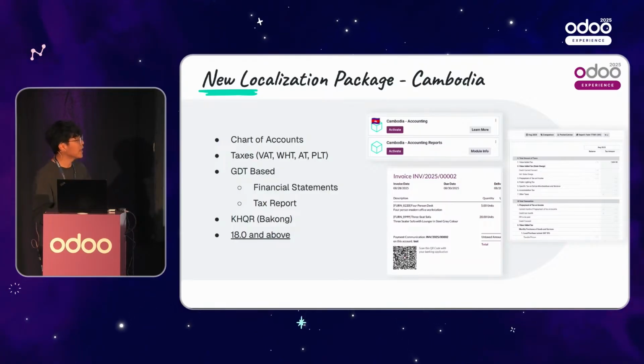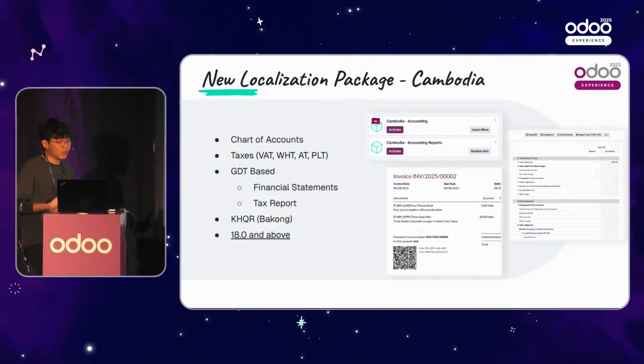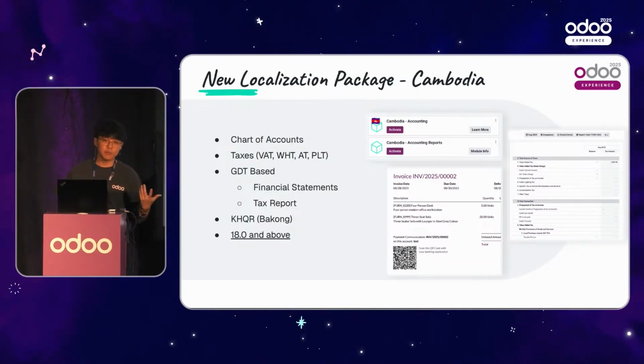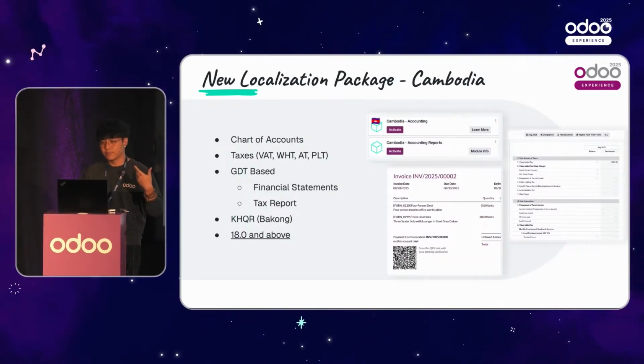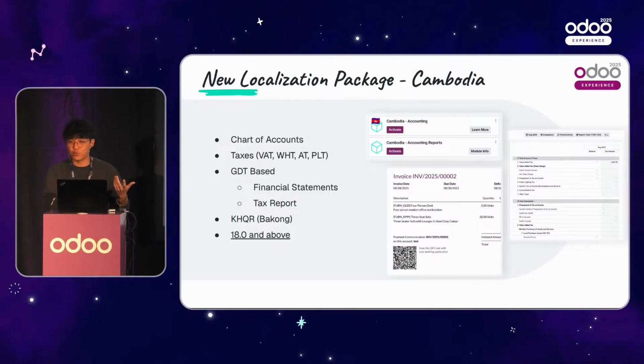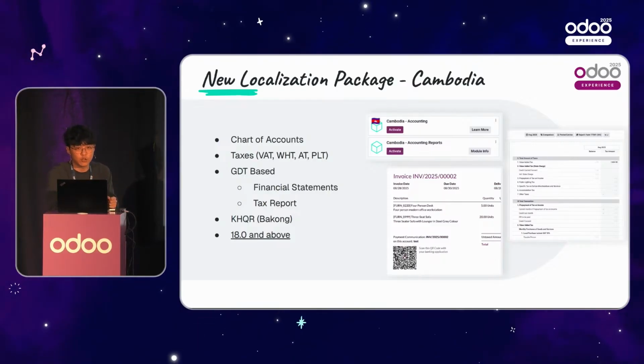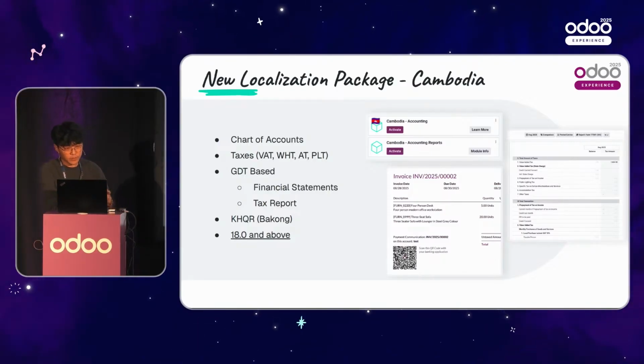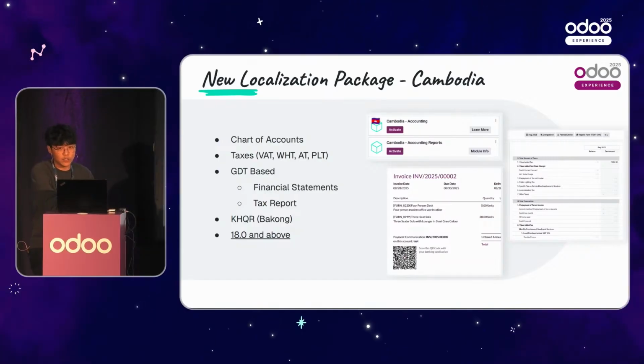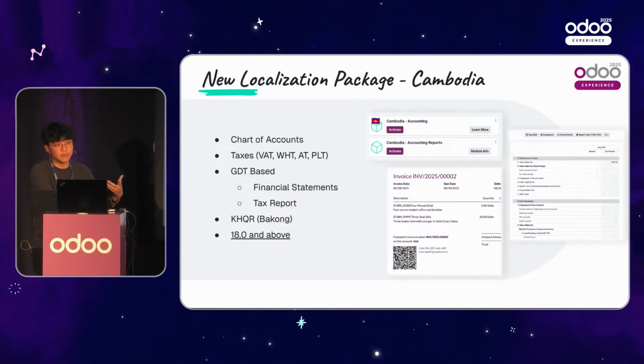Unlike other localization packages in general, where we simply start with the chart of accounts, taxes and the reports, we also managed to include KHQR, which is the national level QR code, which is acceptable by all the bank apps and the Bakong apps that you can use.